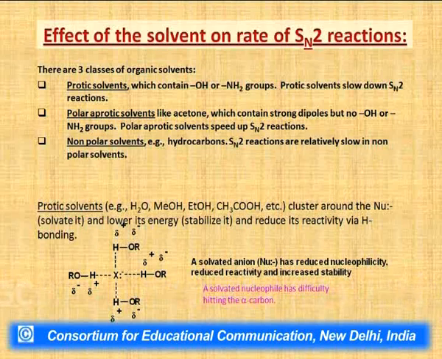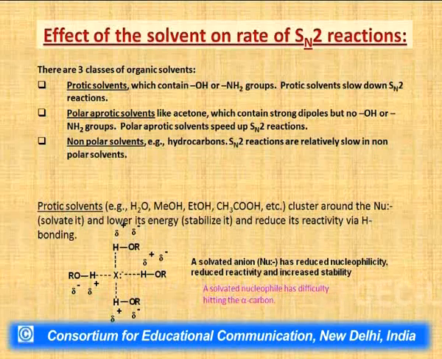First, we will discuss the protic solvents. Protic solvents, for example water, methyl alcohol, ethyl alcohol, acetic acid, etc., cluster around the nucleophile. We can say it is solvated, which lowers its energy. When it lowers the energy, it means it stabilizes it and reduces its reactivity via hydrogen bonding.